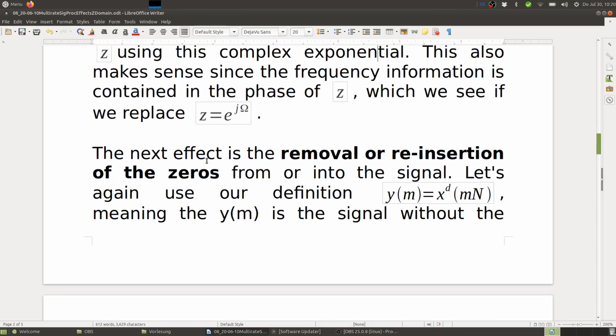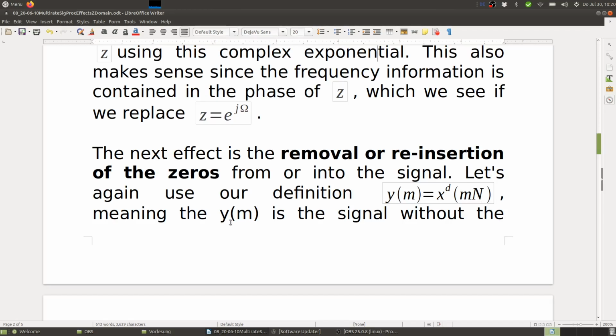So the next effect is the removal or reinsertion of the zeros from or into the signal. Let's again use our definition, y of lowercase m. m is the index at the lower sampling rate, is x_d, which contains still the zeros, but this x_d is now addressed only at the samples which are unequal to 0.